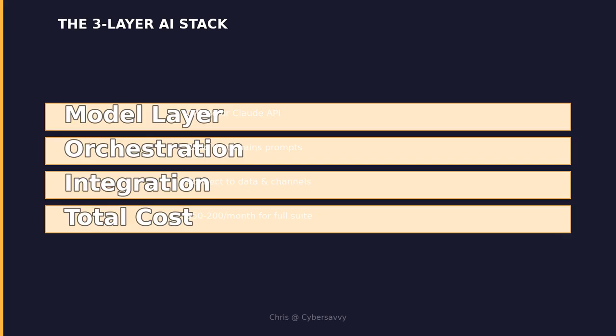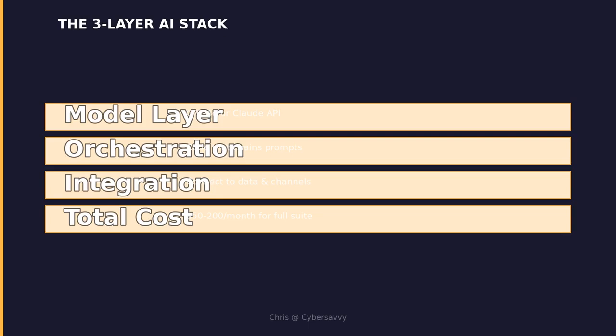You route simple tasks to GPT-4o Mini for speed and cost, and complex reasoning tasks to Claude for depth and accuracy. A typical setup costs between $50 and $200 per month to run a full suite of custom tools across multiple workflows. Compare that to $500 per month for a team of SaaS subscriptions, and the economics speak for themselves.